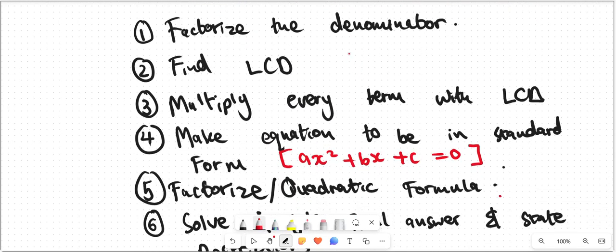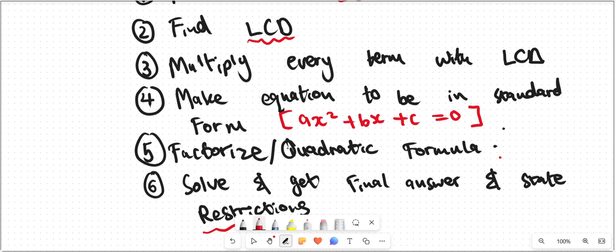So again, lastly, factorize your denominators. If you have denominators that need factorizing, find your LCD, right? Multiply every term with your LCD. That will get rid of the fraction. Then once you get rid of the fraction, you need to put it in standard form, right?